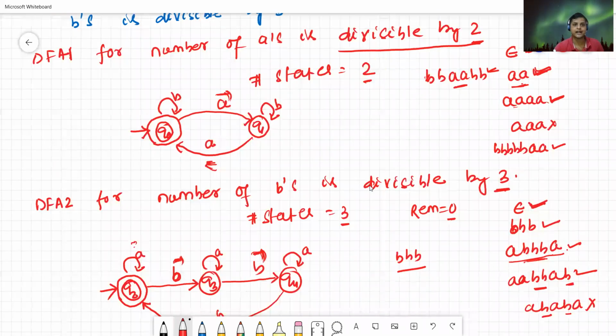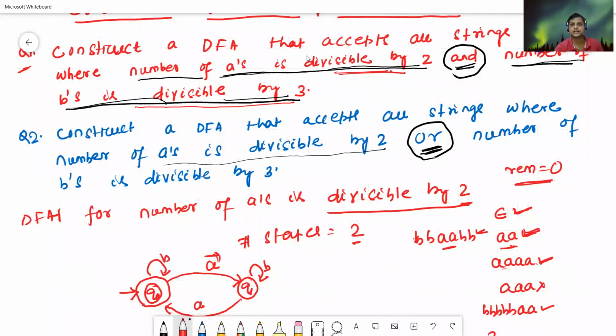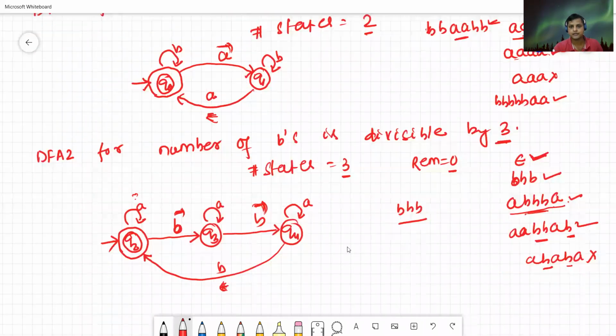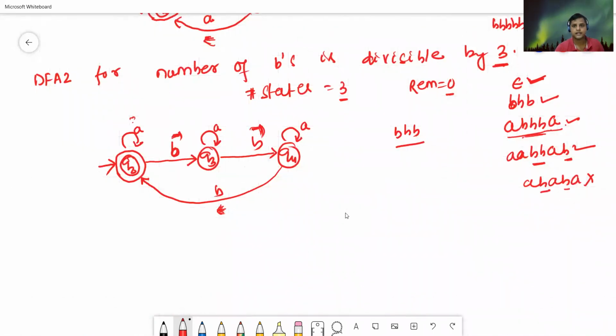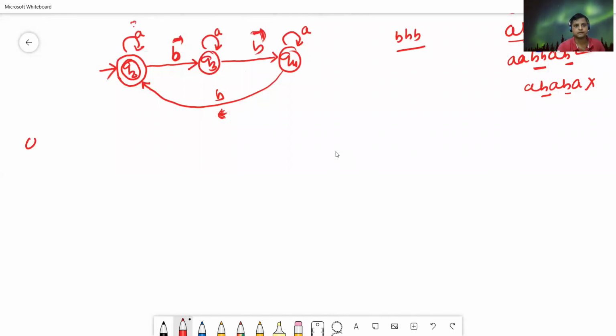Now we'll discuss the first question: construct a DFA that accepts all strings where the number of A's is divisible by 2 and the number of B's is divisible by 3. Now we'll construct DFA 3, for the first question, by taking the cross product.